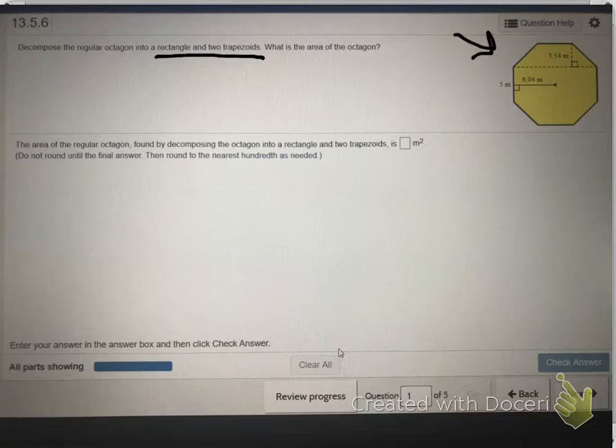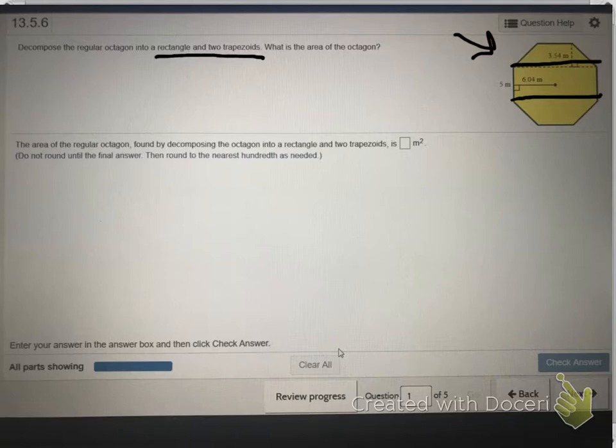So to decompose this octagon into a rectangle and 2 trapezoids, I'm going to draw a line from this vertex to this vertex, and here, from this vertex to this vertex. Let me see if I can color these in so you can see what I'm looking at.